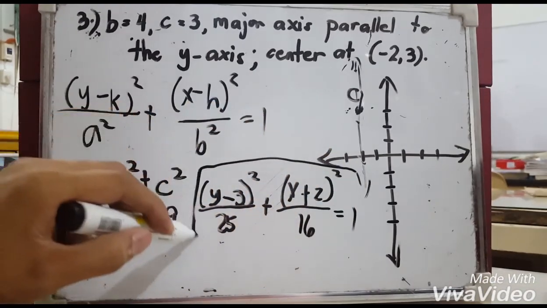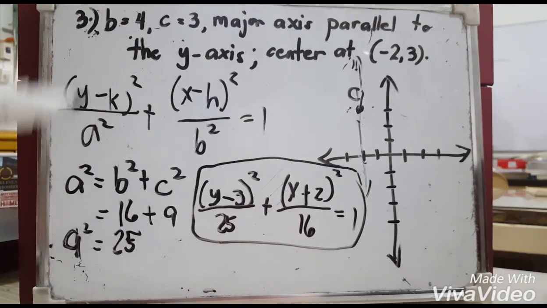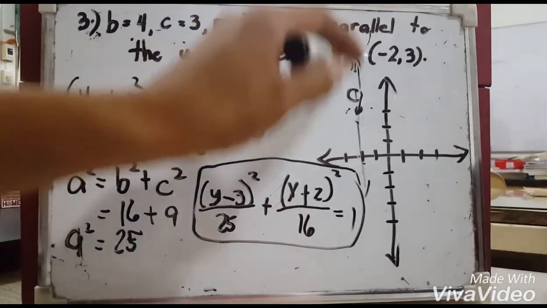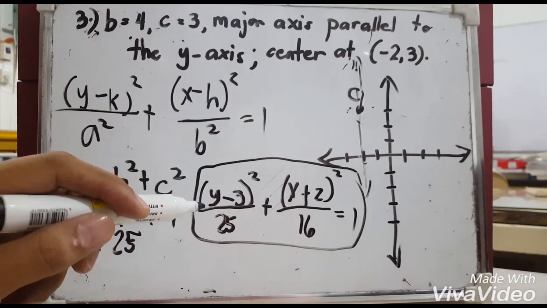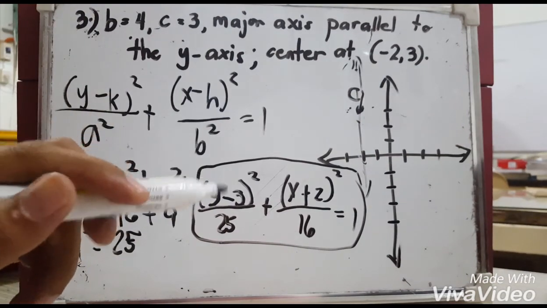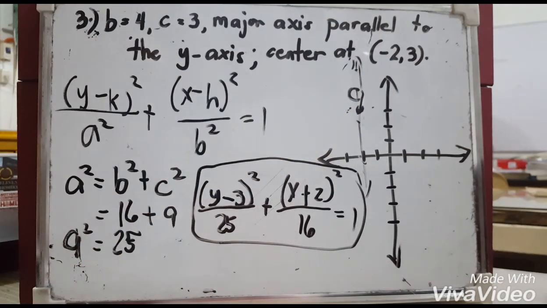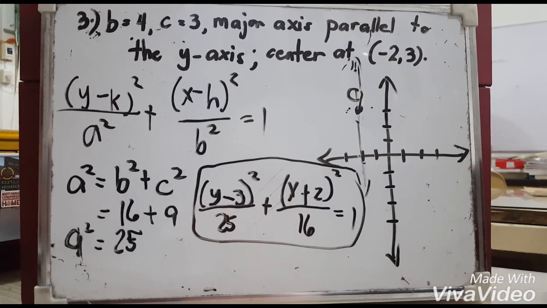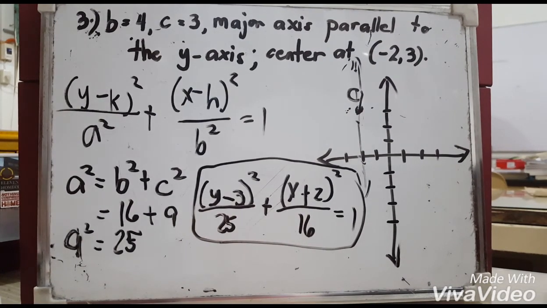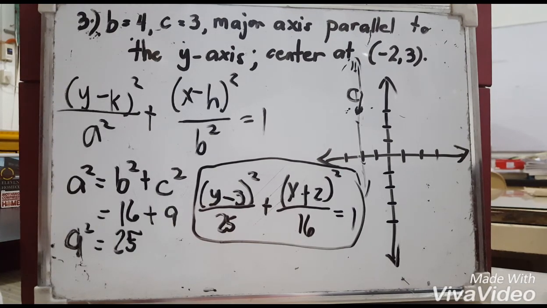This is now the standard equation of the ellipse with b equal to 4, c equal to 3, its major axis parallel to the y-axis, and its center at (negative 2, 3). Okay, so I hope you were able to get the lesson and you have understood all the examples.